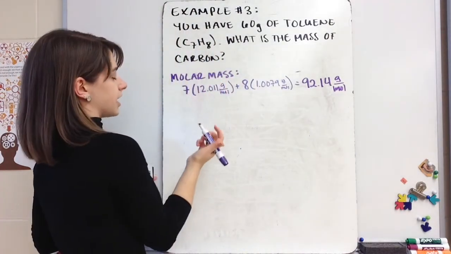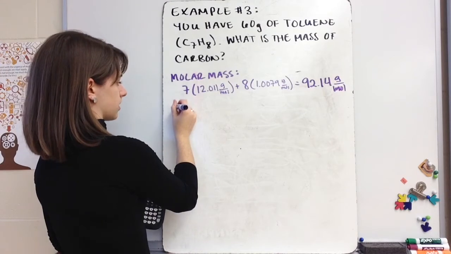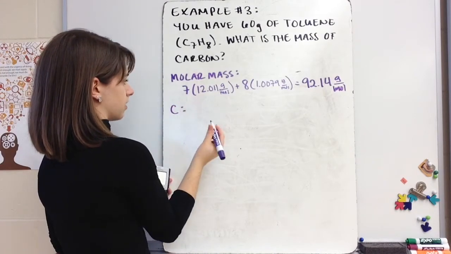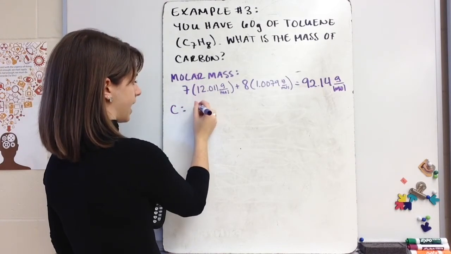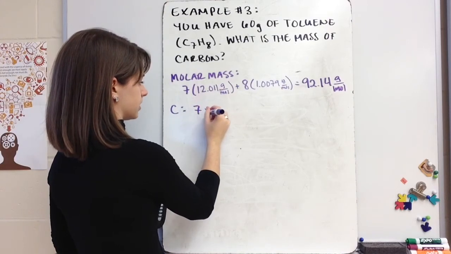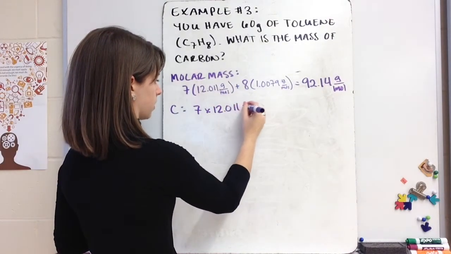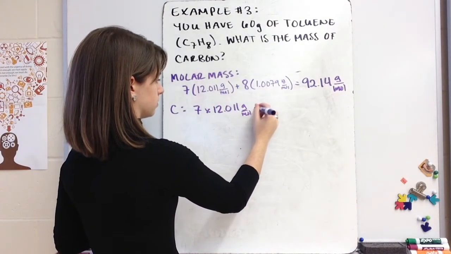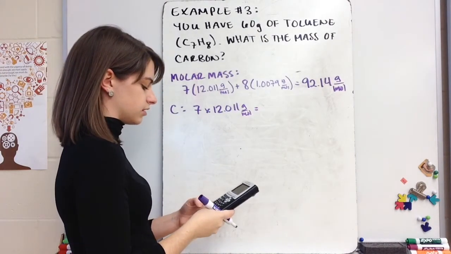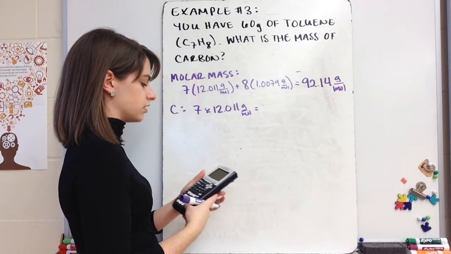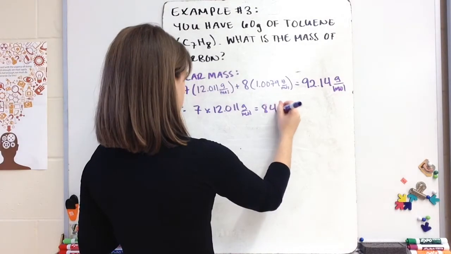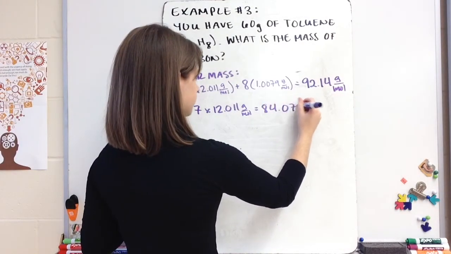Okay, so the only thing I care about is the carbon, so we're just going to focus on that one. So the mass percent of carbon, the mass just from the carbon would be 7 times 12.011. So 7 times 12.011 gets me 84.077.